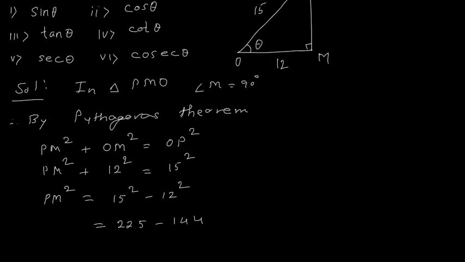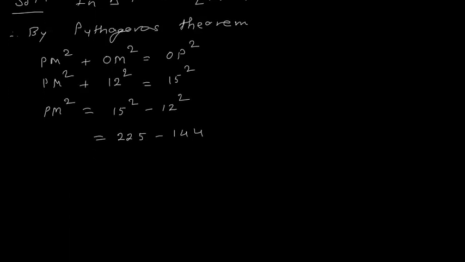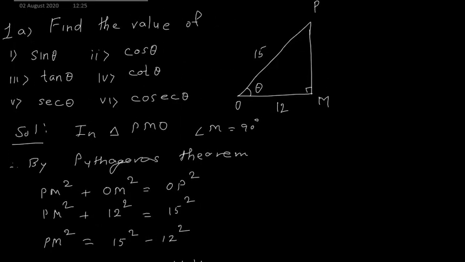This will help you to calculate squares, and you will solve your problem in less time. 5 minus 4 is 1. 12 minus 4 is 8, and 1 minus 1 is 0. So PM square is 81. So therefore what is the value of PM? It is square root of 81, which gives us the value 9. So here this value PM we will write as 9. So let us write this PM as 9.